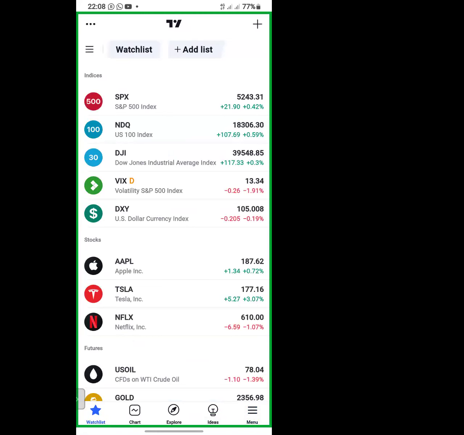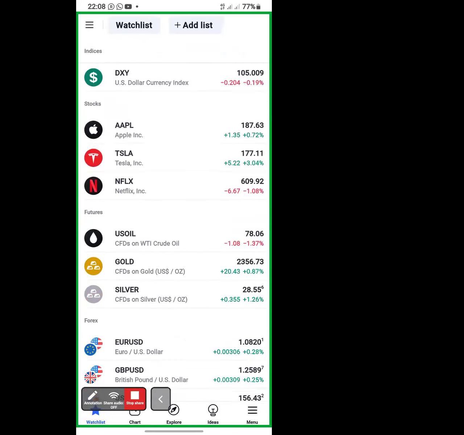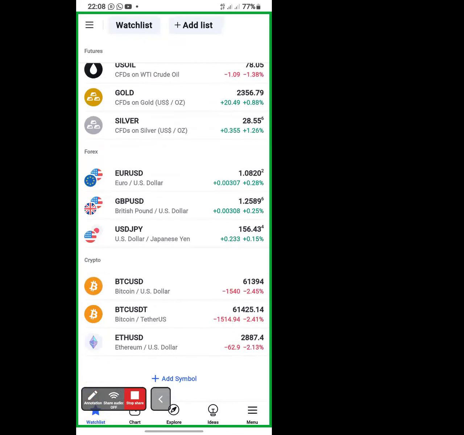We've got what we call the add list and the watch list. So this is the watch list. As I told you, TradingView has got different markets. You can see we've got indices, stocks, futures, forex, and crypto. For us, we are dealing with crypto, the last one.